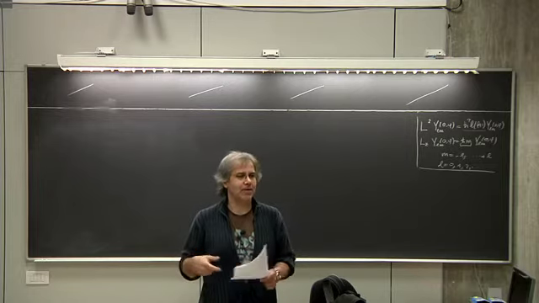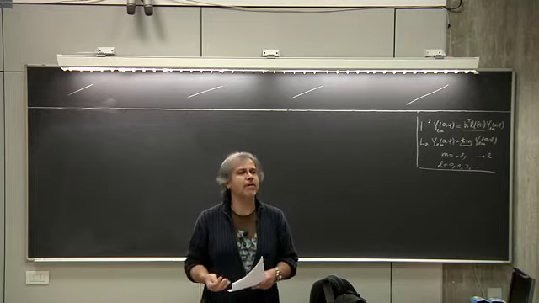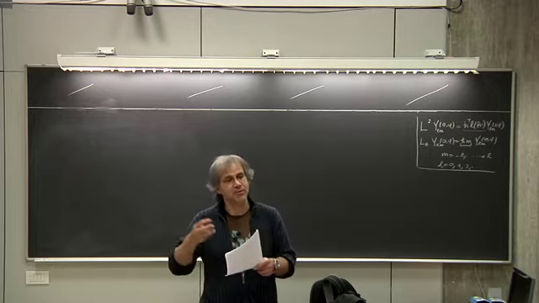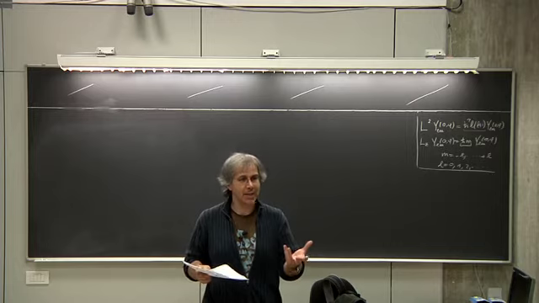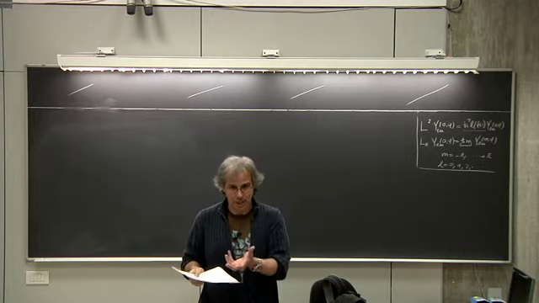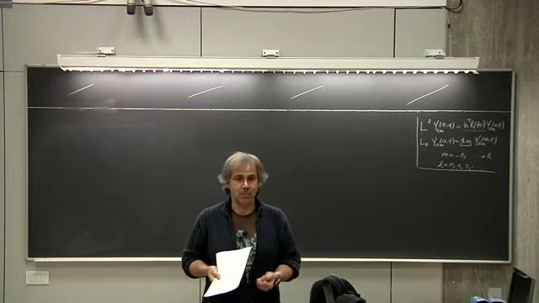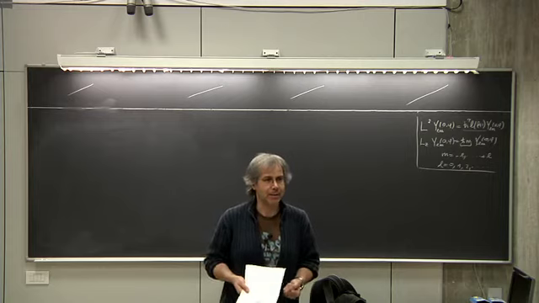More in general, if you have more than one particle, you can think of combining angular momenta of several particles or spins of several particles, or even combining orbital angular momenta with spin angular momenta, okay? So you can form more general objects that you can still call angular momenta, okay?